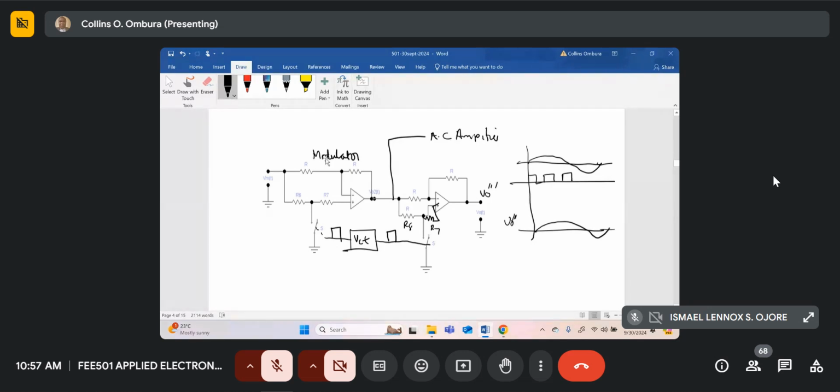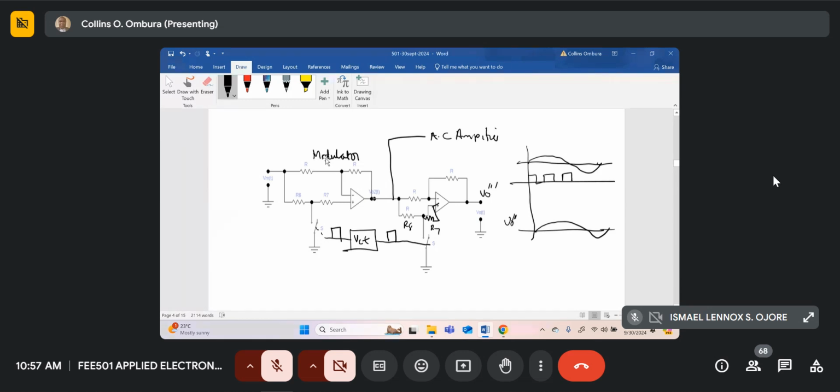So this tells us that we can recover whatever was input by using this circuit. What is missing there is the AC amplifier, but this was just to illustrate that we can recover whatever we modulated with an identical circuit at the output.